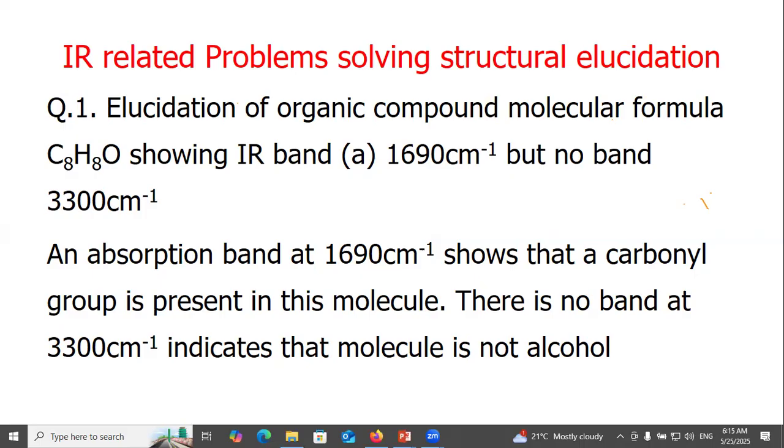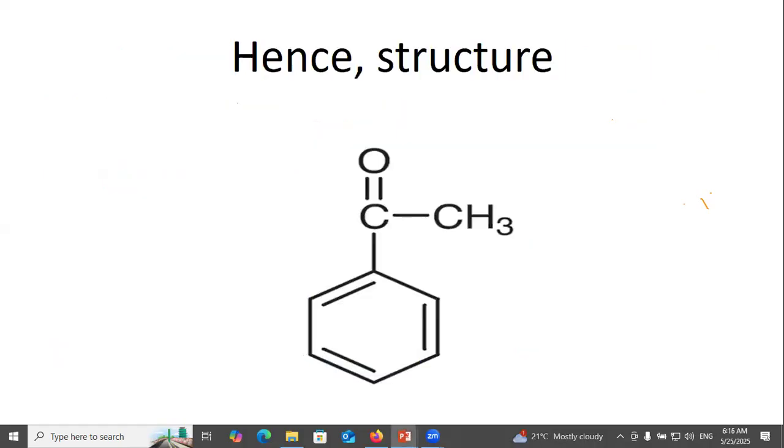An absorption band at 1690 per cm shows that a carbonyl group is present in this molecule. There is no band at 3300 per cm, which indicates that the molecule is not an alcohol. Hence the structure is acetophenone.